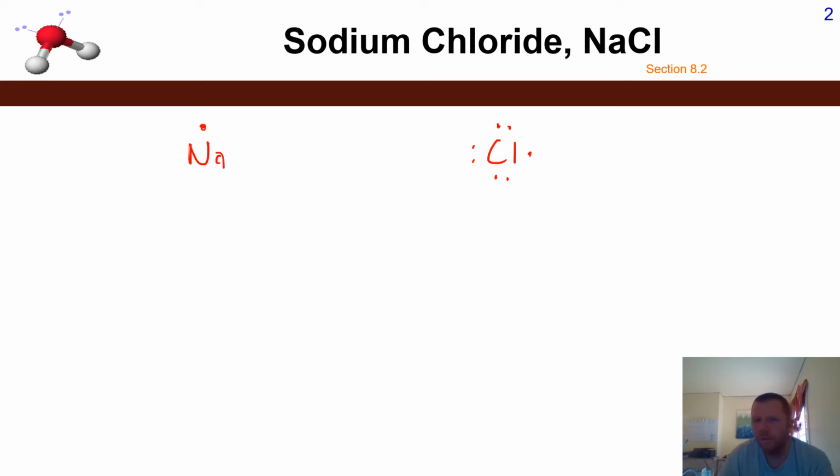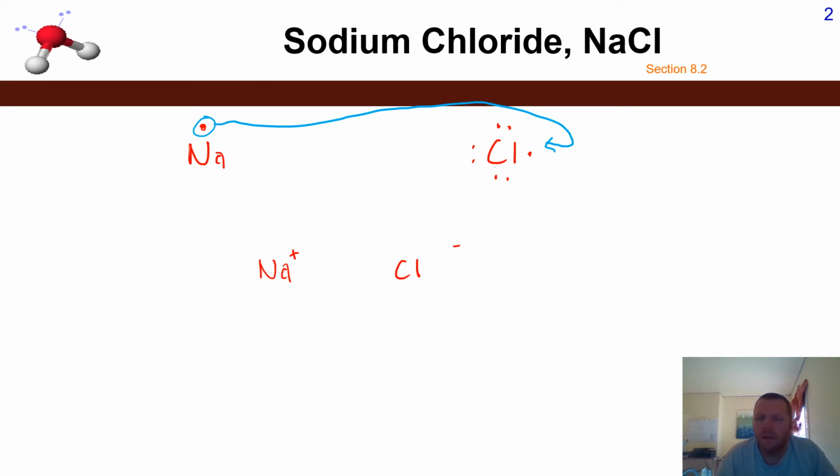So we've got 1 valence electron for sodium and 7 valence electrons for chlorine. Now, what you see happen is this single electron over here gets transferred over here. And whenever that happens, what do we have? Now we have Na+, which is a cation, and Cl-, which is an anion, because its overall charge is -1.